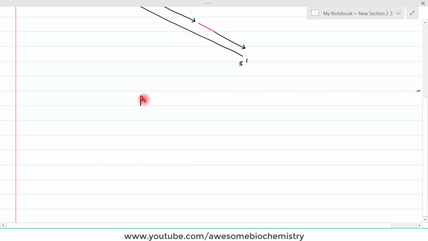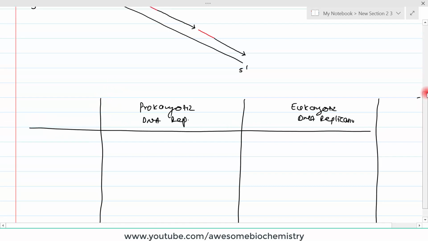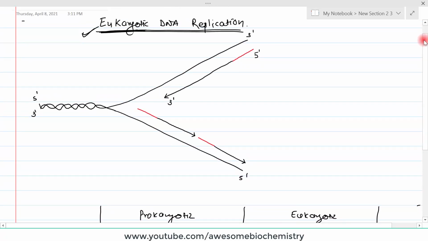On one side we have prokaryotic DNA replication, and on another side we have eukaryotic DNA replication. We will discuss it in a compare and contrast manner so that it will become easier for you to remember. So this is the snapshot of the DNA replication.